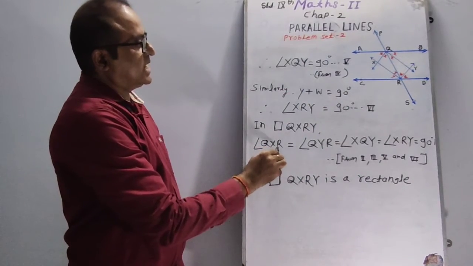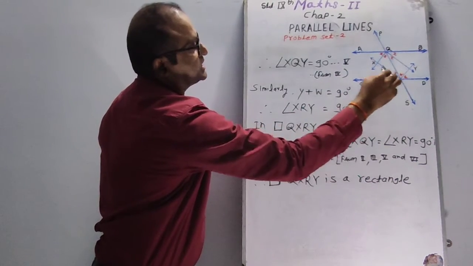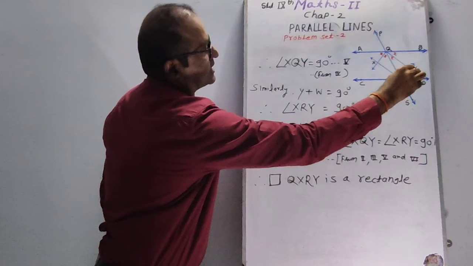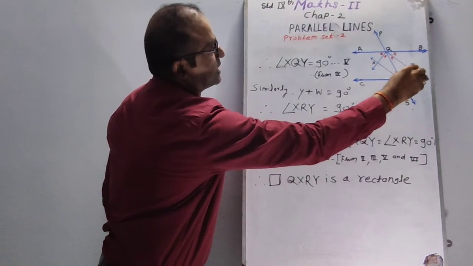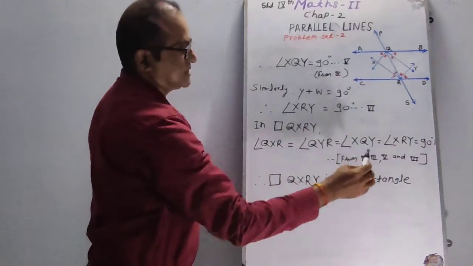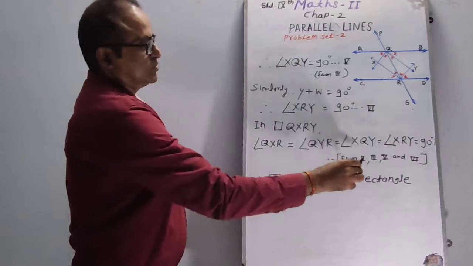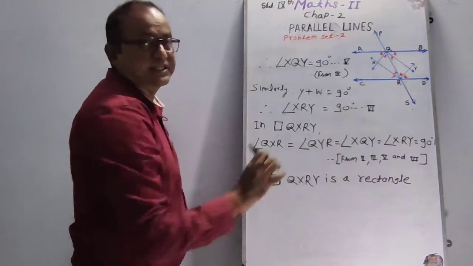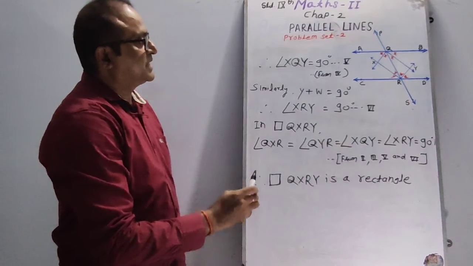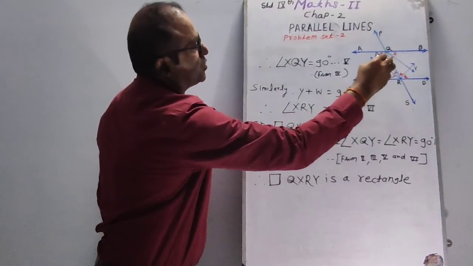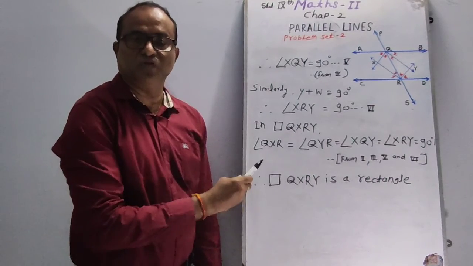Angle QXR is equal to angle XRY is equal to angle RYQ is equal to angle YQX is equal to 90 degrees, from (2), (3), (5) and (6). Therefore, quadrilateral QXRY is a rectangle. All of you understood?